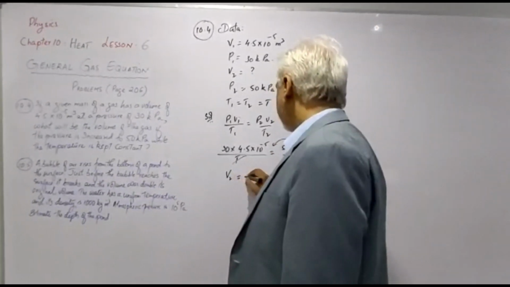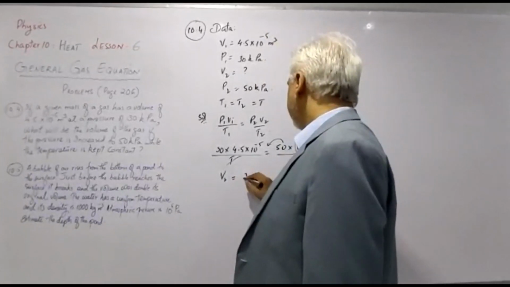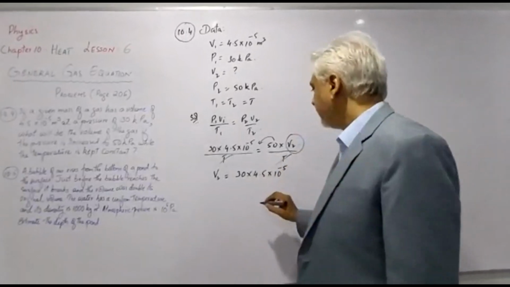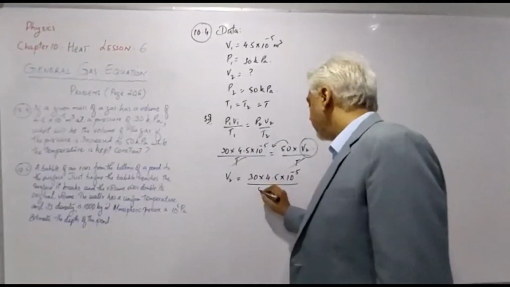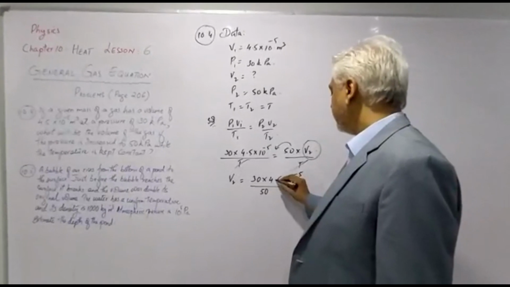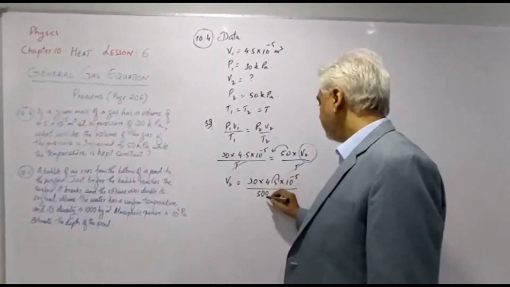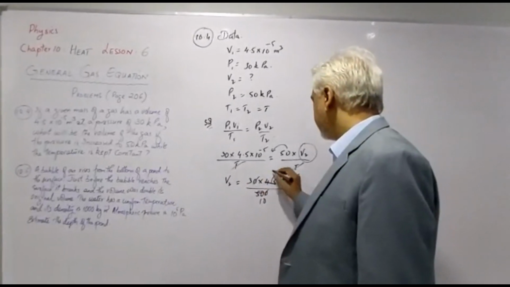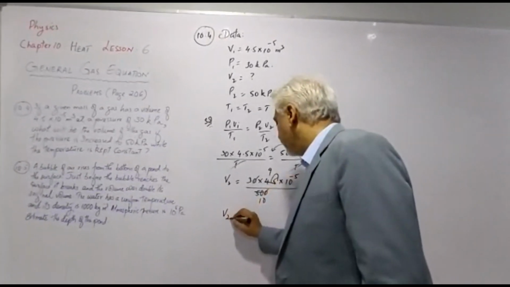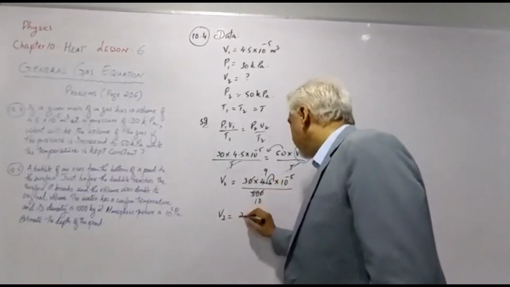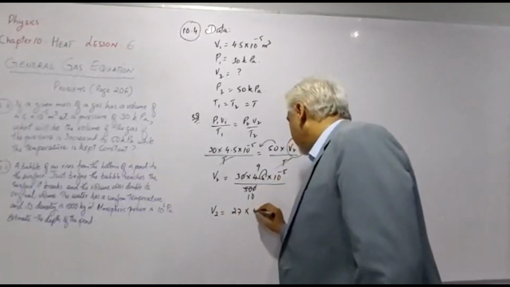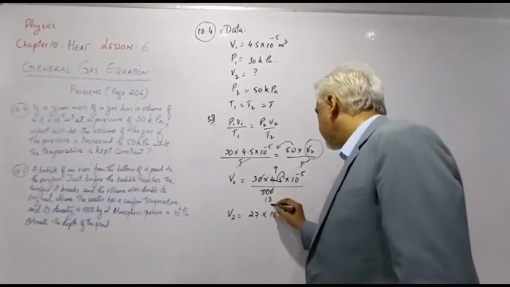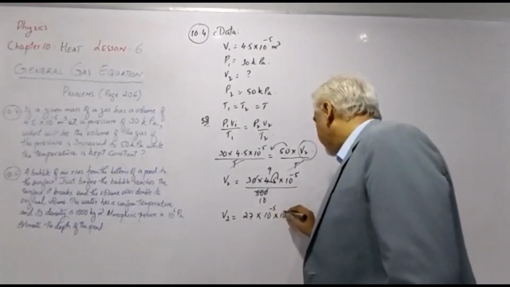So we get V2, the final volume, is equal to 30 times 4.5 times 10 to the power of minus 5 over 50. Now when you shift this decimal point, we put a 0 here. The 0 and 0 will cancel. 5 tens are 50, 5 nines are 45. So final volume would be 3 nines are 27 times 10 to the power minus 5, and this you need to get on top will be 10 to the power minus 1.